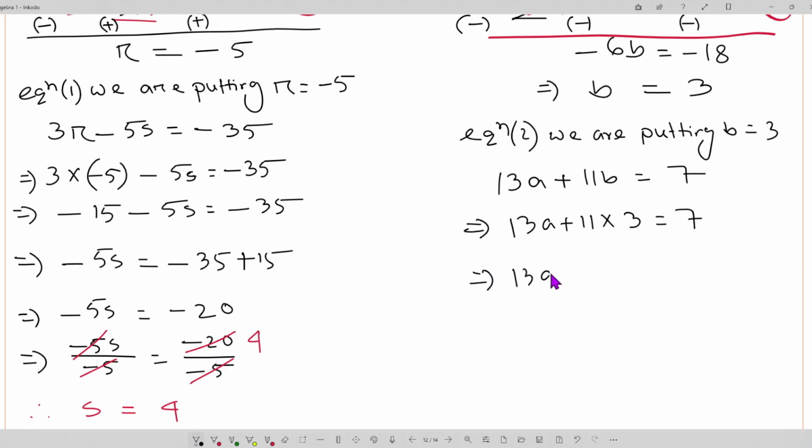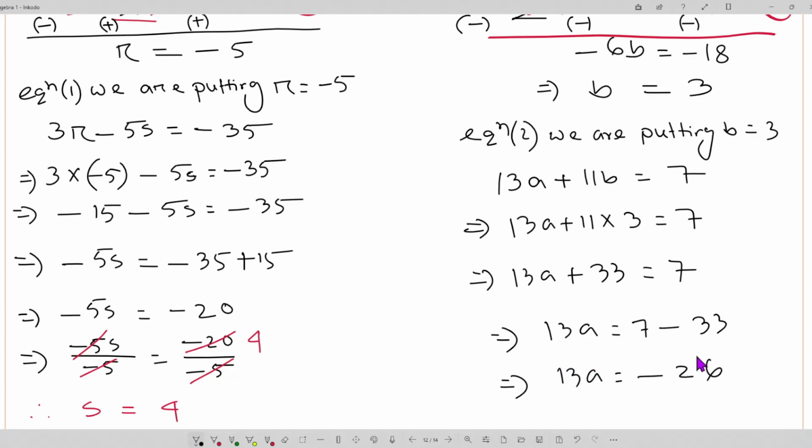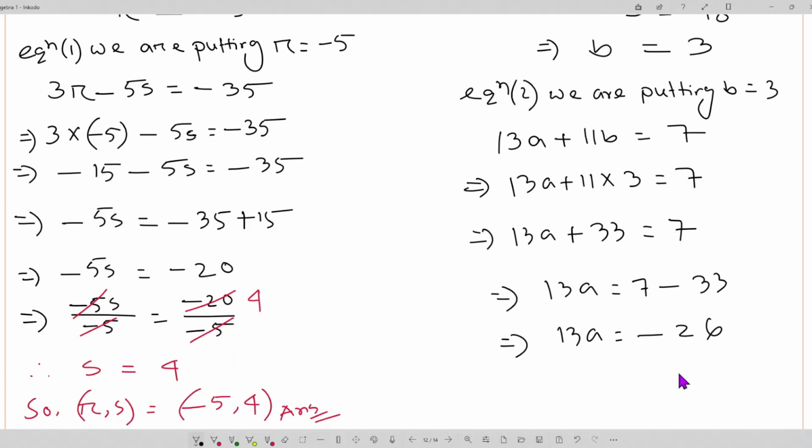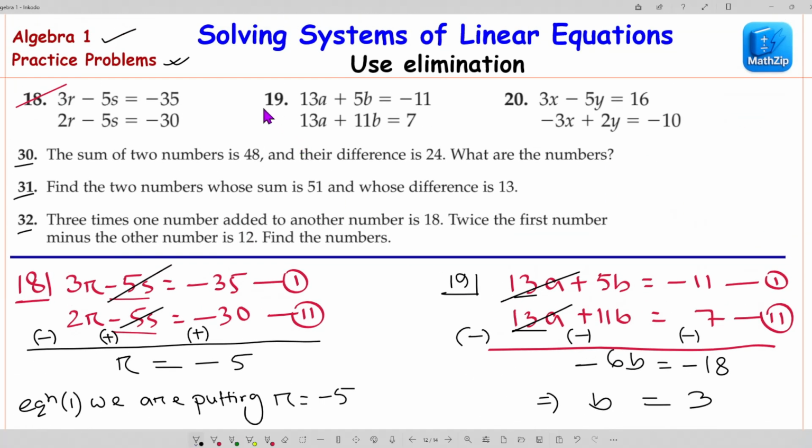Then 13a plus 33 equals 7, then 13a equals 7 minus 33, right? So 13a equals minus 26. So minus 26 divided by 13, we will get a equals minus 2. So a equals minus 2 and b equals 3. Okay, answer. So number 19 done.